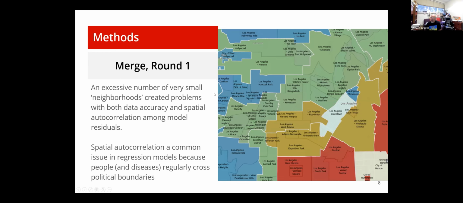So we had to merge our tiny neighborhoods, like Thai Town and Little Armenia, into larger neighborhoods that had shared demographic characteristics. Note that we couldn't find a neighboring neighborhood to Chinatown that had characteristics similar to Chinatown, so we didn't merge it. Little Tokyo, on the other hand, we merged with the wholesale district.